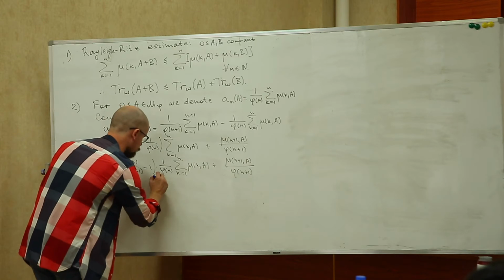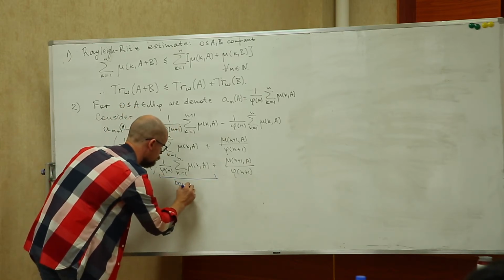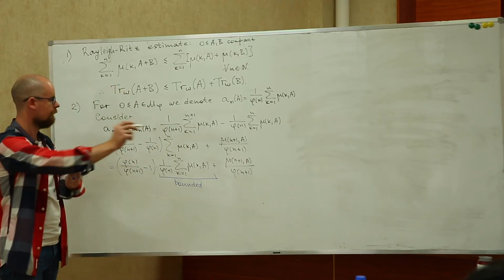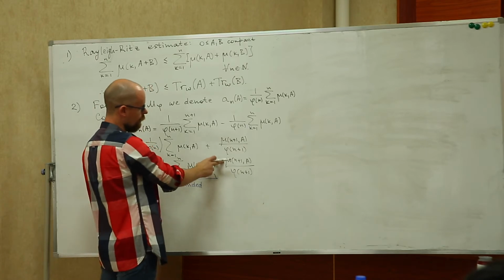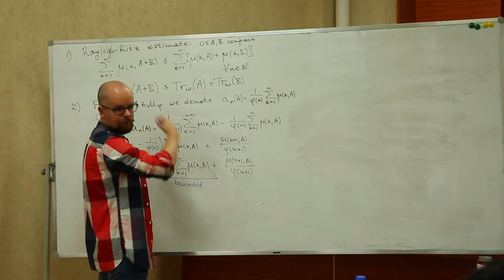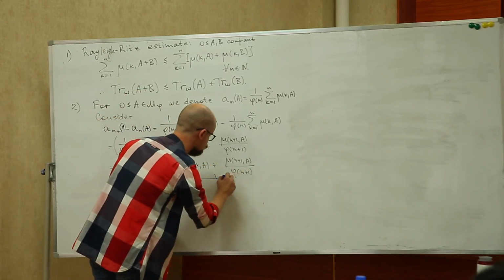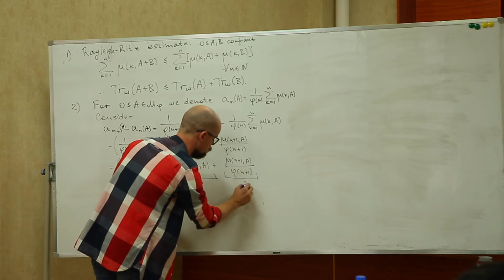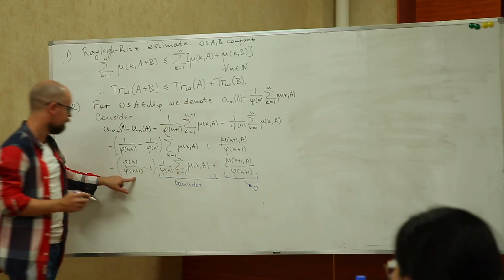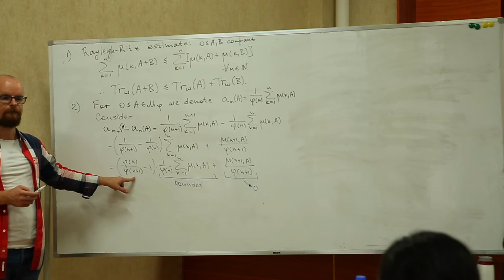Let's see what we have now. So this term is bounded, since A is from the Lorentz ideal. For this term, since the operator A is compact, mu itself goes to 0, phi goes to infinity, so all this expression goes to 0. What about this one? It's almost the same.